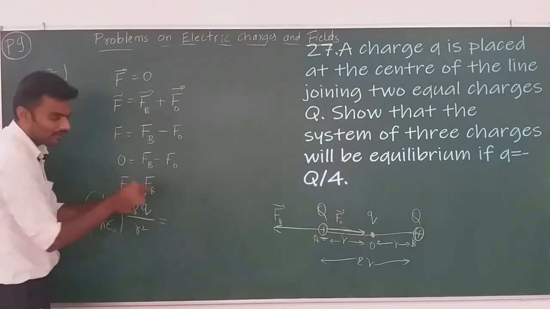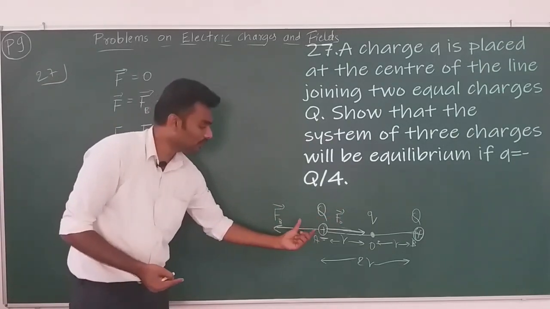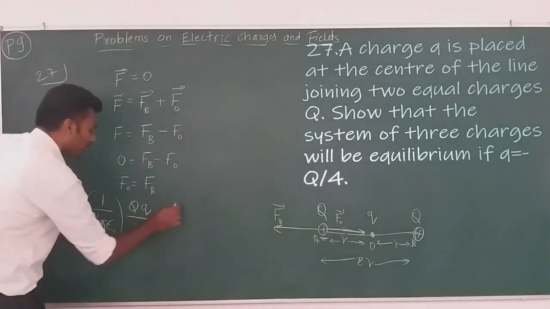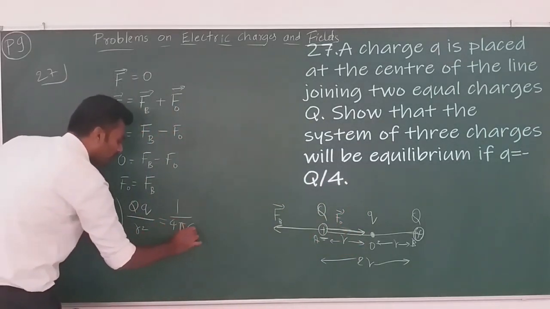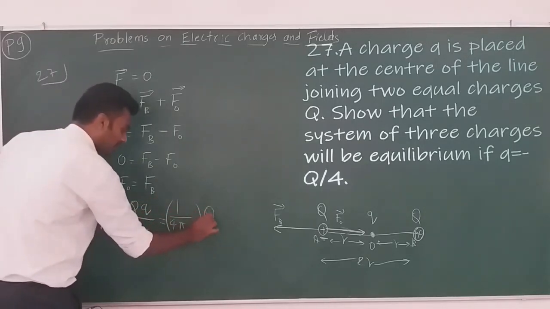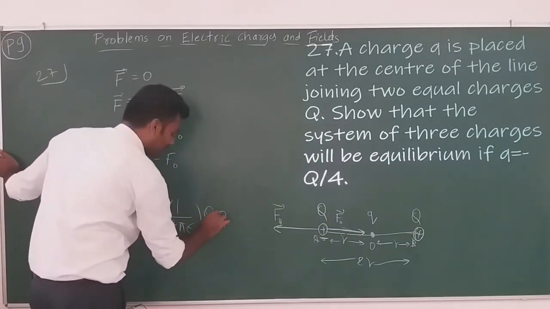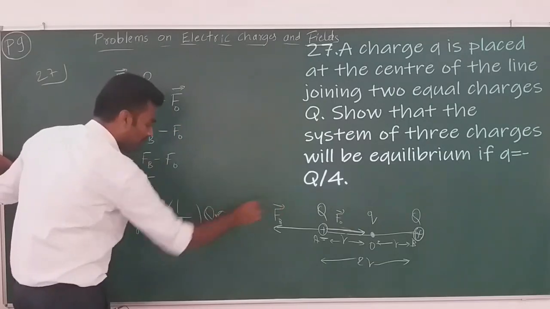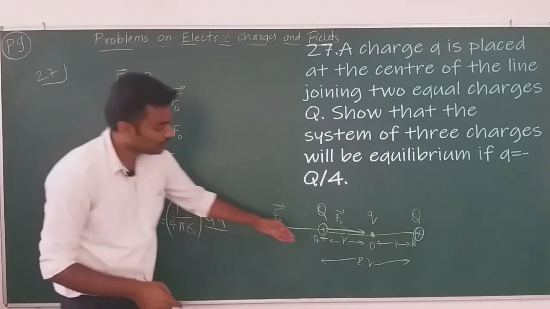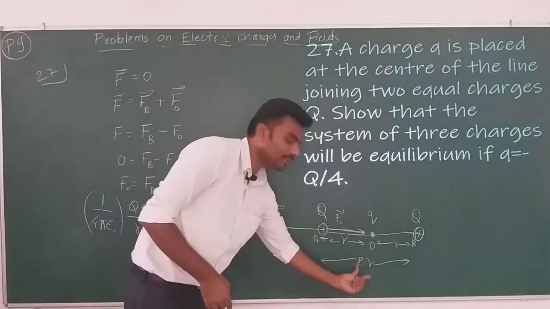Now FB, what is FB? FB is the force on A due to B, which means this is the force acting between the charges A and B. So it's 1 by 4 pi epsilon naught, capital Q, the charge at A, Q1, and Q2 is again capital Q itself, because the same charge is kept at B, by, instead of R squared, be careful, the distance of separation between the charges A and B is not R, instead it is 2R.